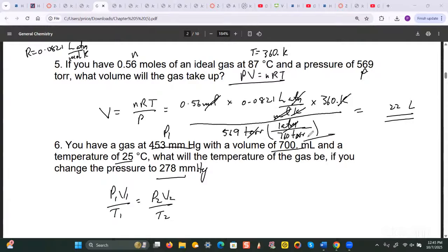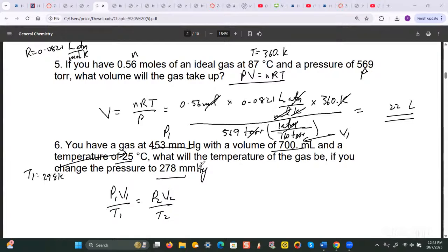Okay, so the V1 is the 700 mL. And then what would be the T1? Right, the 25, which you have to convert to Kelvin. So T1 would be 298 Kelvin. All right, very good.